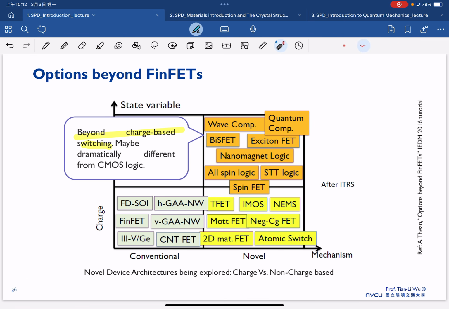But the problem is that this is not a voltage-driven technology, this is not a voltage-control technology. So once one of these technologies becomes mainstream in products, that will also be dramatically different from CMOS logic. That means our circuit design needs to be completely redesigned again, because now the circuit is not based on voltage drive. It's based on the new switching mechanism. For example, spin logic, which is mainly based on magnetic field.